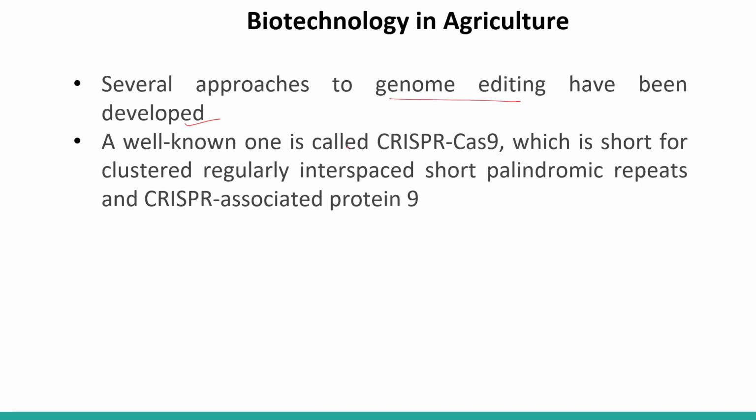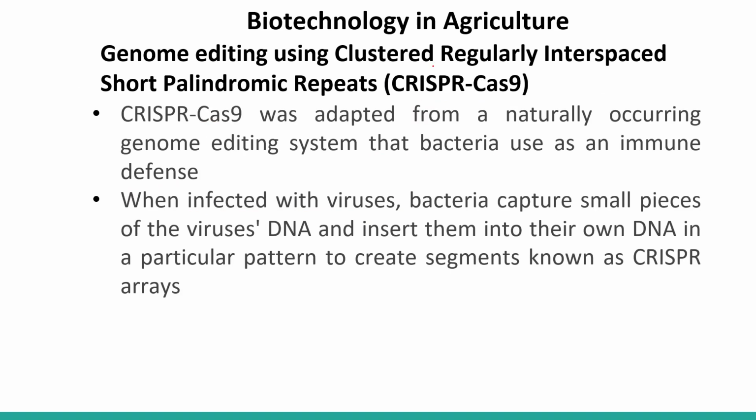A well-known one is called CRISPR-Cas9, which is short for clustered regularly interspaced short palindromic repeats and CRISPR associated protein 9, and that is why it is called CRISPR-Cas9. So this is the full form of CRISPR: clustered regularly interspaced short palindromic repeats.